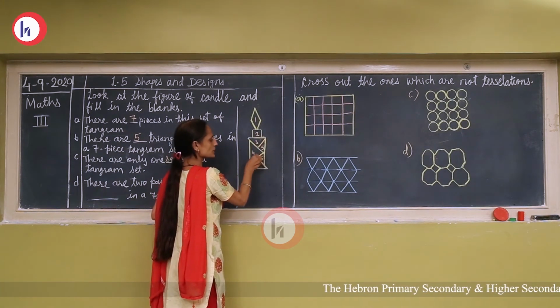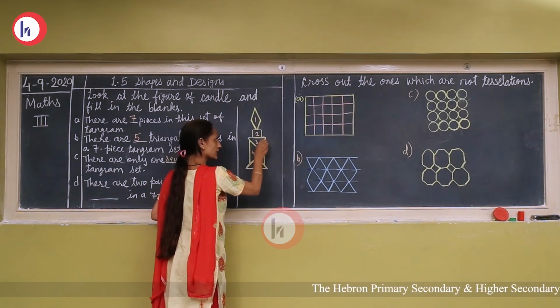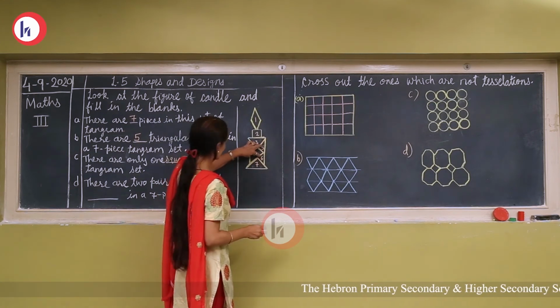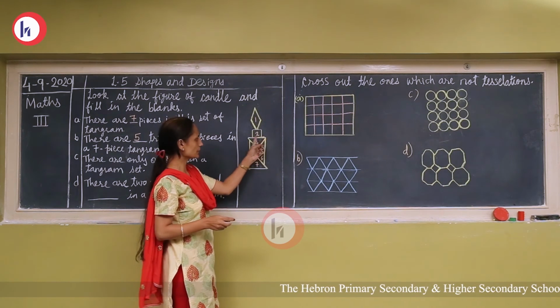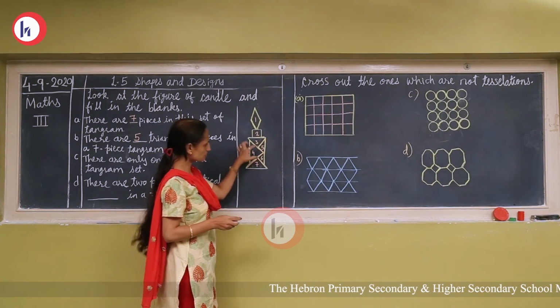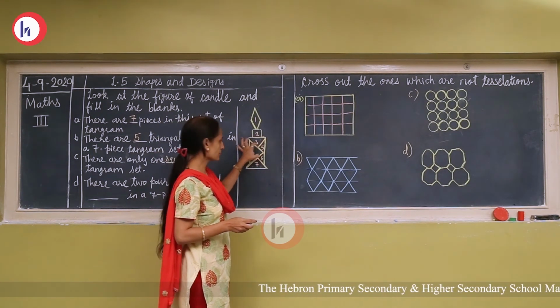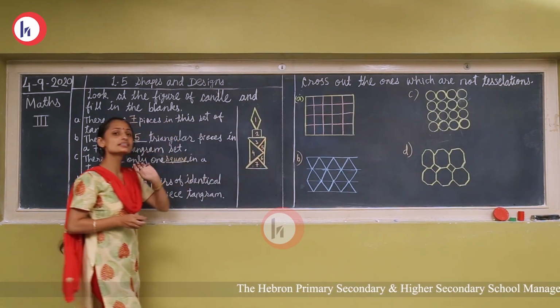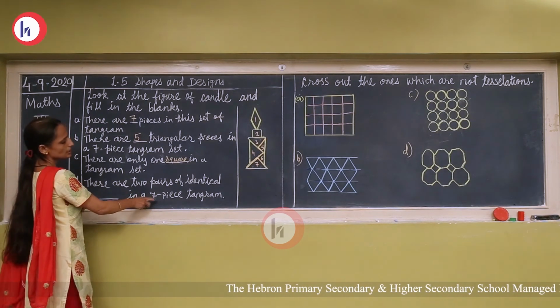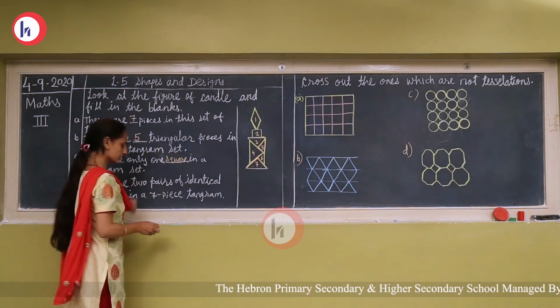But here see, two triangles are there. One triangle and two triangles. These both triangles are identical, means same in size as compared to the other triangles. These both triangles are the same, means our answer is number 5 and number 6. These two triangle pieces are identical.